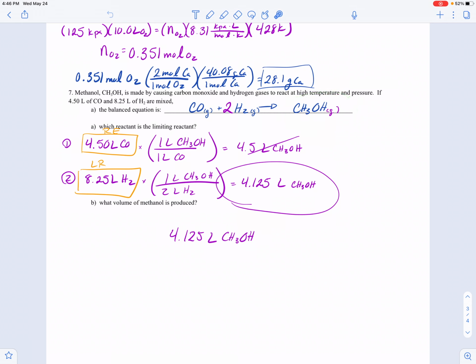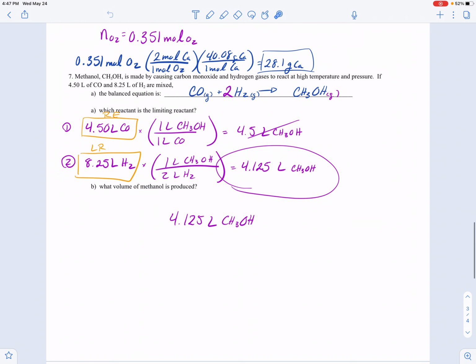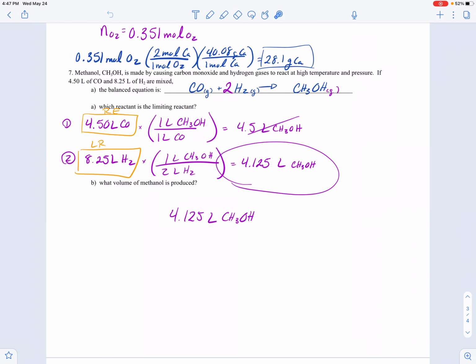So technically, if you're at a constant temperature and pressure, 1 liter of carbon monoxide will also make 1 liter of methanol. So if 4.5 liters of carbon monoxide are used and it's a 1-to-1 ratio, then I will also make 4.5 liters of methanol. I'm going to do the same problem, but with the hydrogen gas.